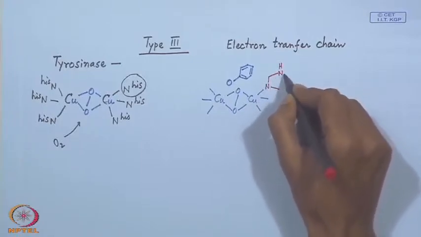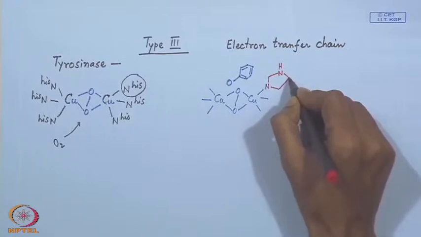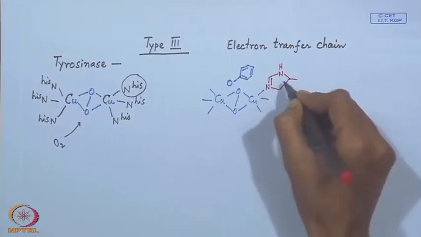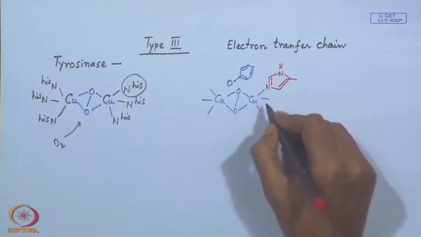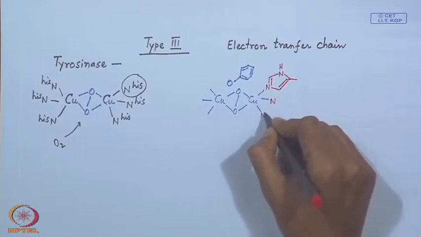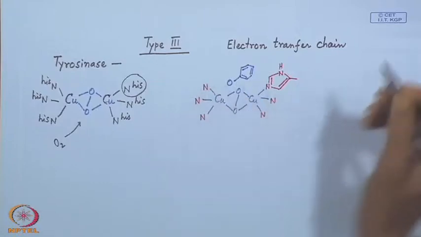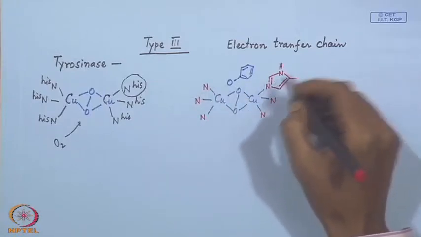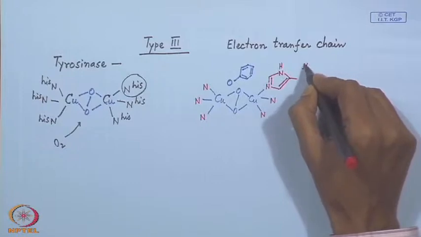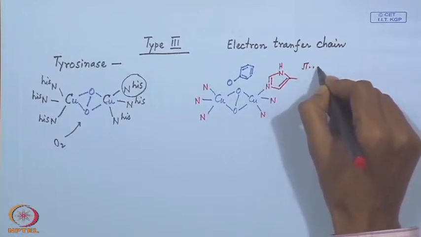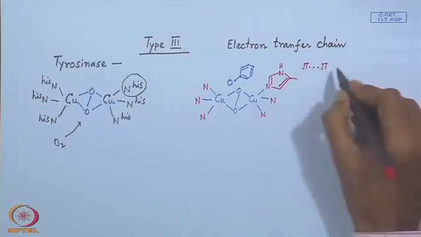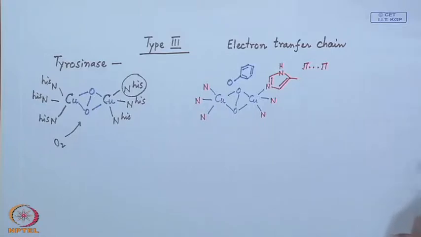The alignment of this imidazole ring will tell us how it can be helpful for positioning of your substrate molecule. So, the tyrosine end is coming, and we have seen that when they are close to each other, they can show pi-pi interactions.